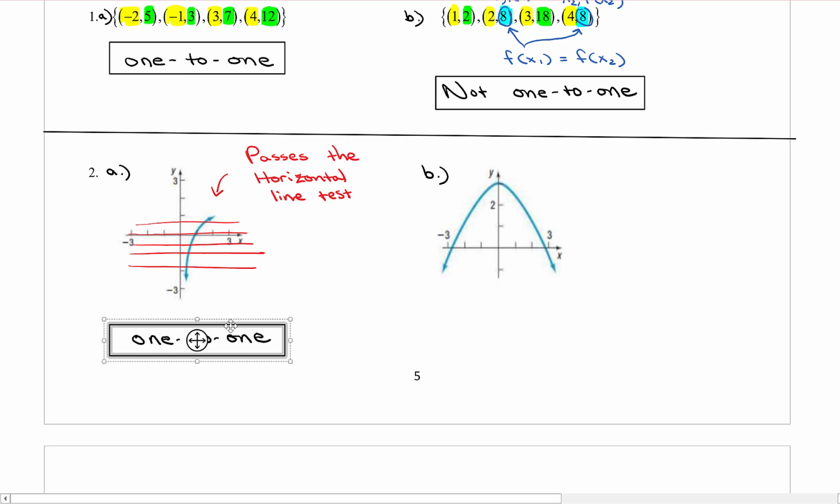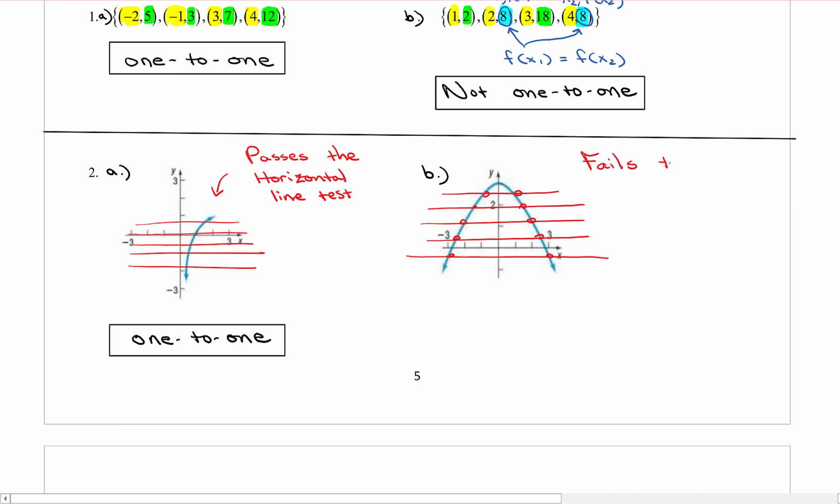Looking at the second function that I have here, it's a parabola that opens downward. If I draw a horizontal line, and I don't have to draw this many, I could have just drawn one horizontal line. As long as I draw one horizontal line that hits more than once, I'm going to be able to say it's not one-to-one. I can see by looking at any one of these horizontal lines that this definitely fails the horizontal line test.